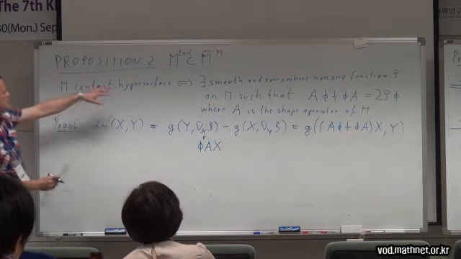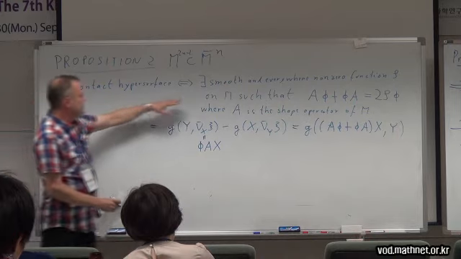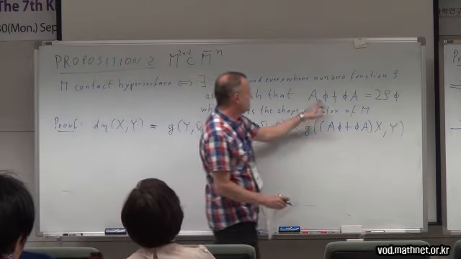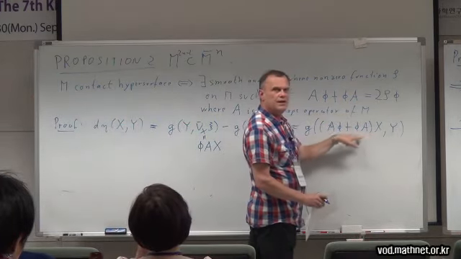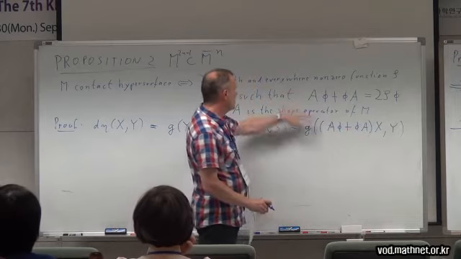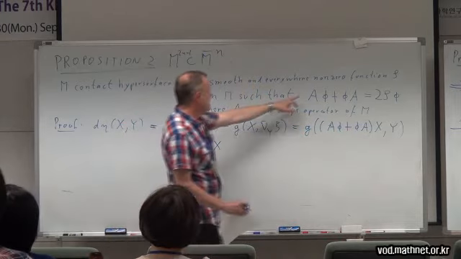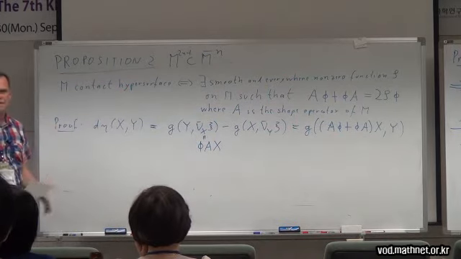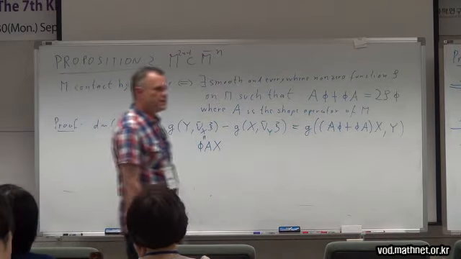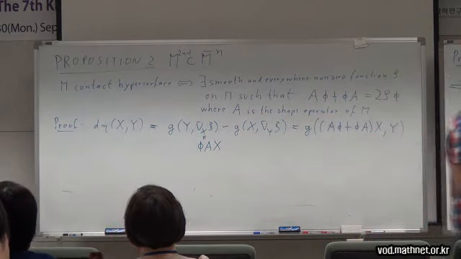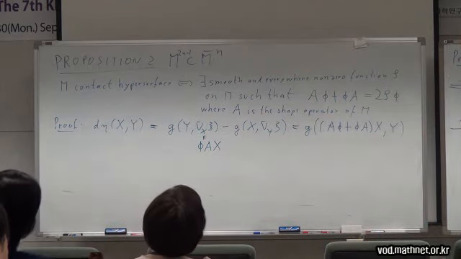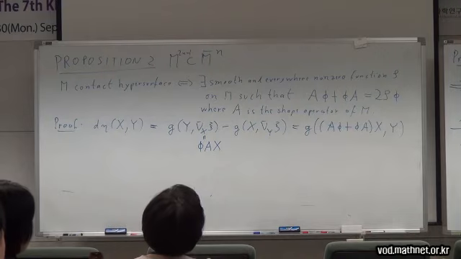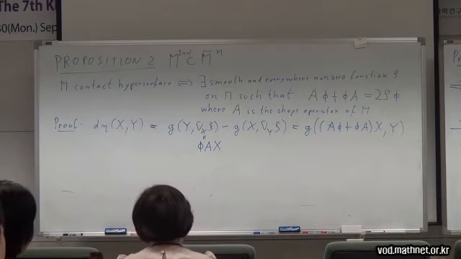Contact means there exists such a function, and then we get precisely this condition. And conversely, if this holds, because this expression relates to eta, we just get the contact condition. So one can express the contact condition in terms of a condition on the second fundamental form or shape operator in a nice way. This is very helpful.